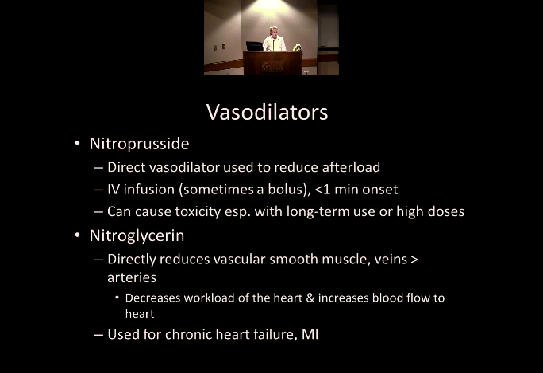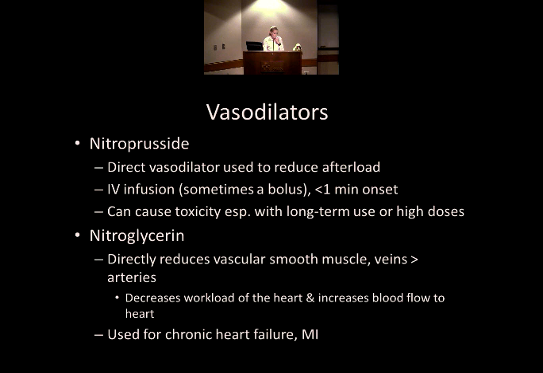So nitroprusside, also known as sodium nitroprusside, SNP, is a direct vasodilator, so it works directly on the venous system to reduce afterload. It's generally given as an IV infusion. Some people will take some out of the infusion, dilute it down, and give small boluses because it's incredibly potent.